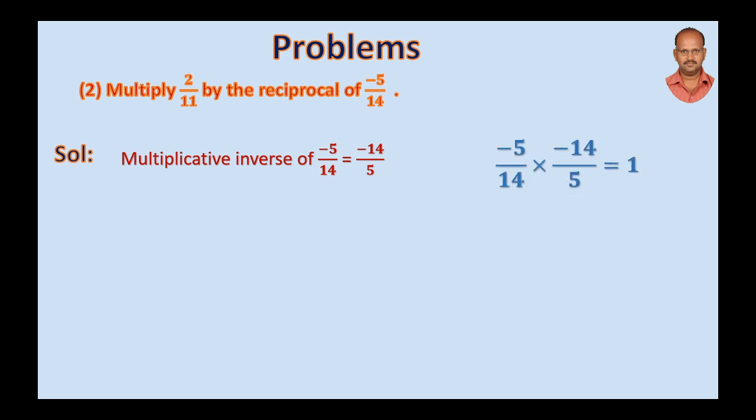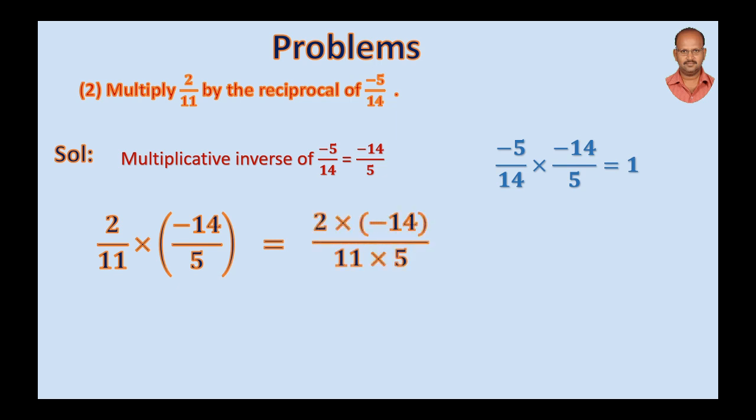Minus 5 by 14 into minus 14 by 5 is equal to 1. 2 by 11 into minus 14 by 5 is equal to 2 into minus 14 upon 11 into 5, that is equal to minus 28 upon 55. Then go to another problem.